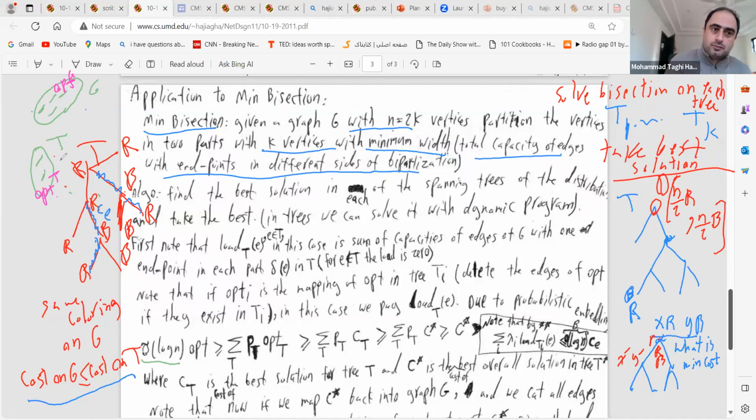Why is this a solution for T? Because any edge that exists in opt either does not exist in T, so you don't do anything, or if it exists, you cut it. So any opt of G has a corresponding opt of T, which is a solution for this tree.